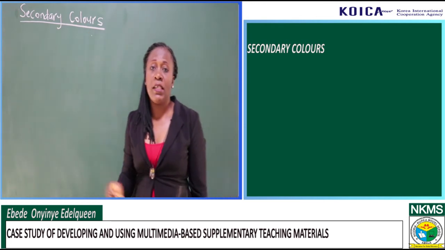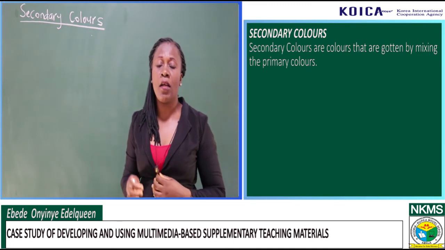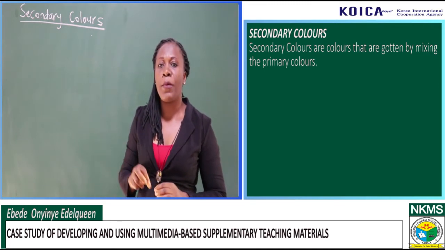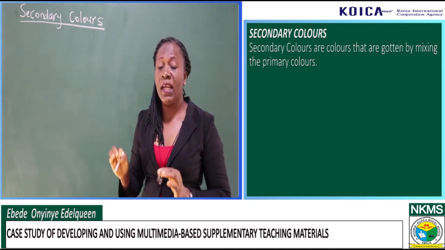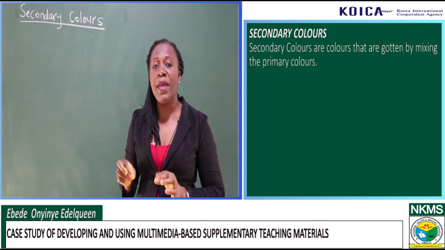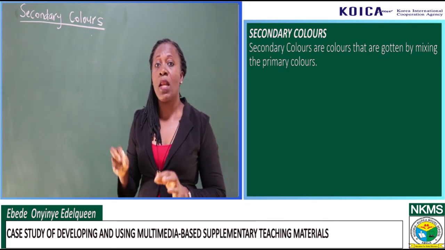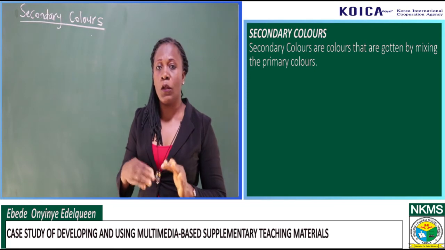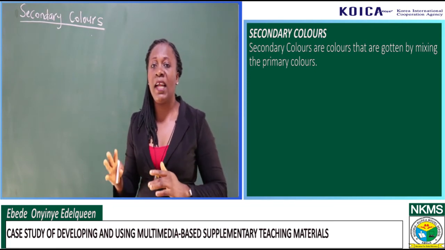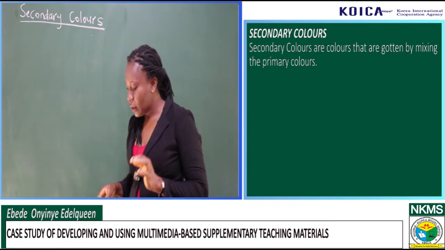And the secondary colors are the colors that are gotten by mixing the primary colors. You get your secondary color by mixing any of the primary colors. You mix two primary colors in order to get a particular secondary color.